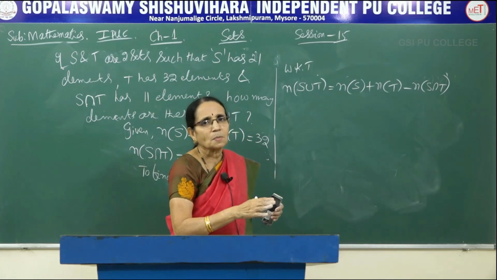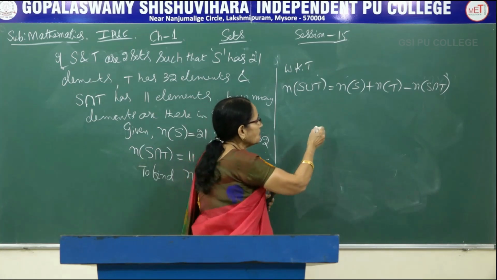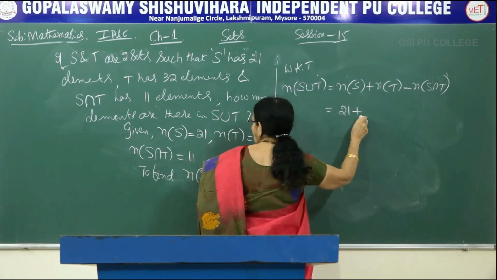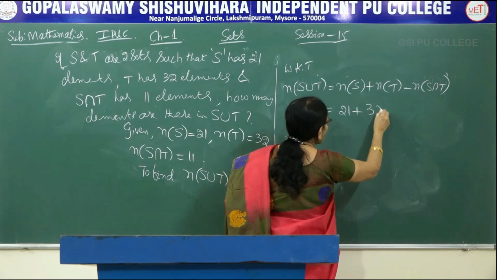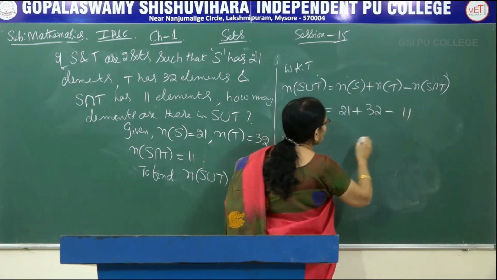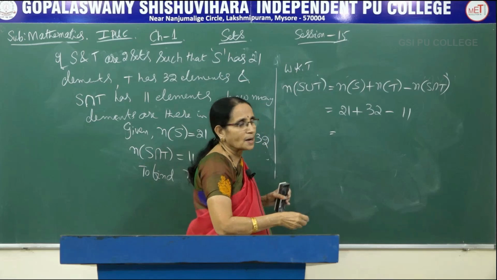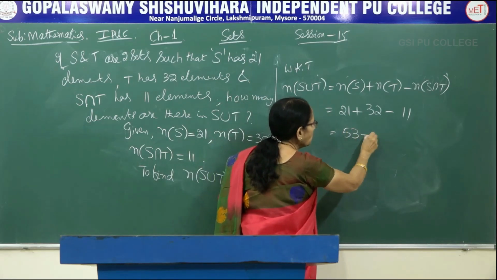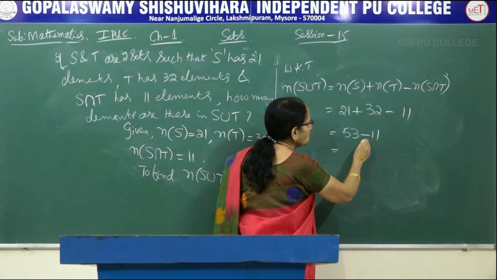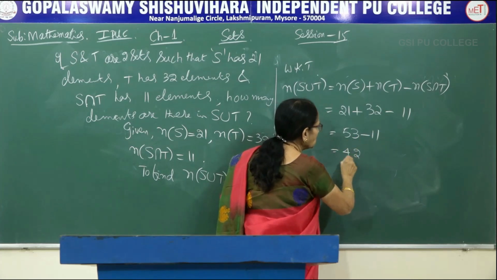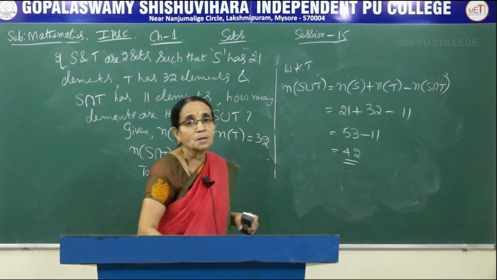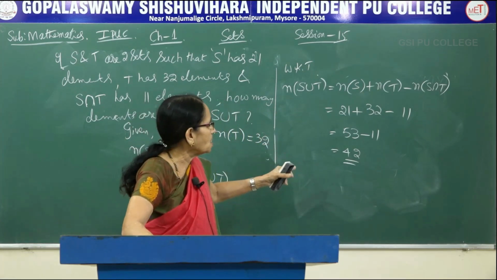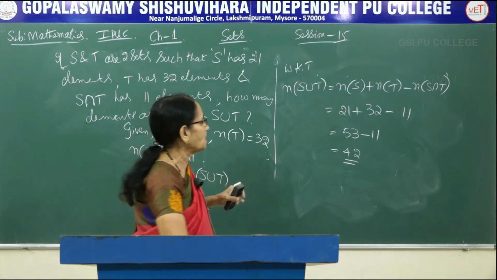S and T, whatever may be the sets here, you can write it directly. n of S, I have written 21. n of T, it is 32 minus 11. So it's a simple arithmetical calculation. 2 plus 1, 3. 3 plus 2, 5 minus 11. So 3 minus 1, 2. 5 minus 1, 4. So how many elements are there? In the union, omitting the common elements, there are 42 elements.